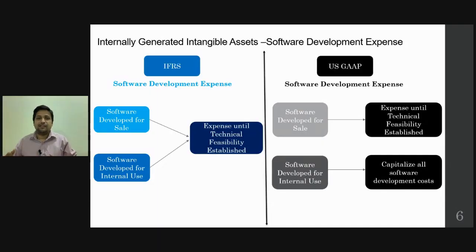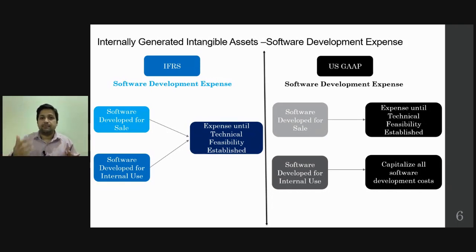Software development expenditure is another example of internally generated intangible asset. And this can be broadly divided into two categories: software developed for sale and software developed for internal use. In IFRS, both software developed for sale and developed for internal use will be expensed until commercial and technical feasibility is established.